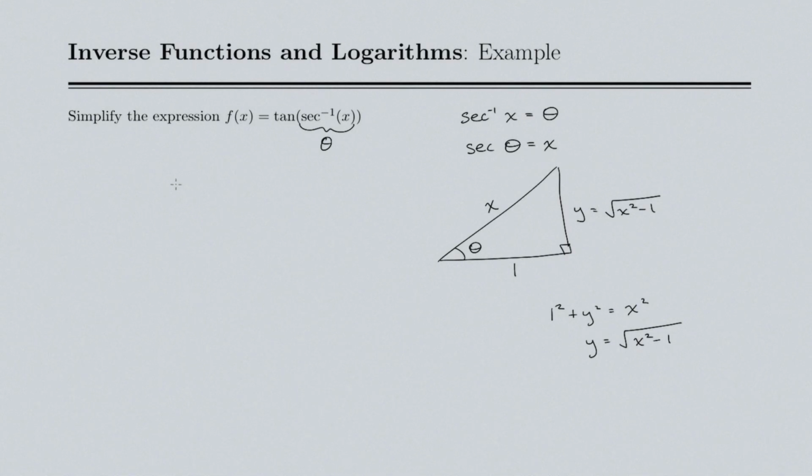Now, this expression that we're trying to simplify, this is the tangent of theta. And tangent of theta is opposite over adjacent. So that's the square root of x squared minus 1 divided by 1. So there's our simplified form of this function.